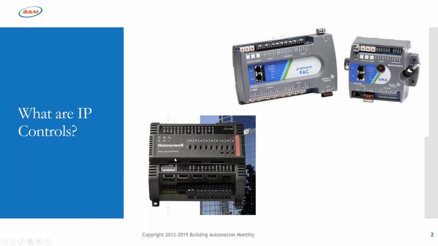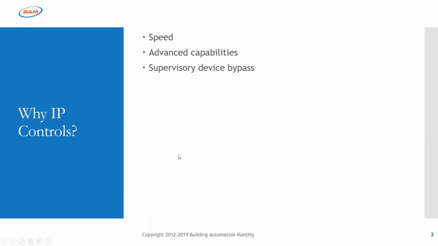So why IP controls? Why do we need to move from BACnet MSTP? Let's be real here, folks. If we're talking about IP controls, we're primarily talking about BACnet IP and BACnet MSTP. You've got LON FT10, you've got LON EIA-852, and we're not even going to get into Modbus because that's not really a controller.